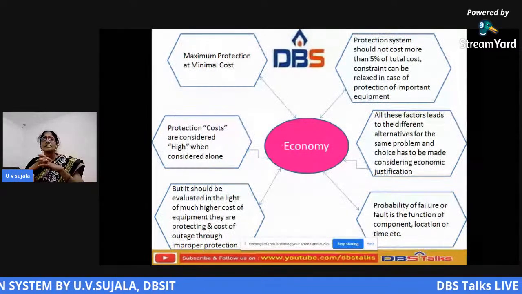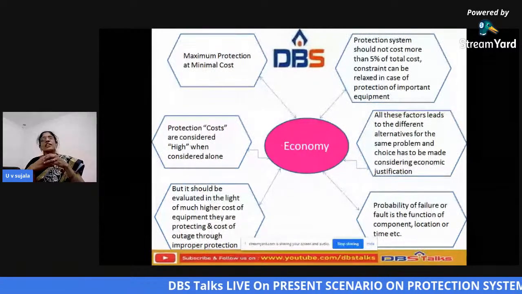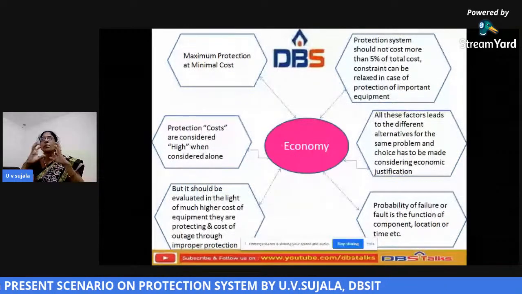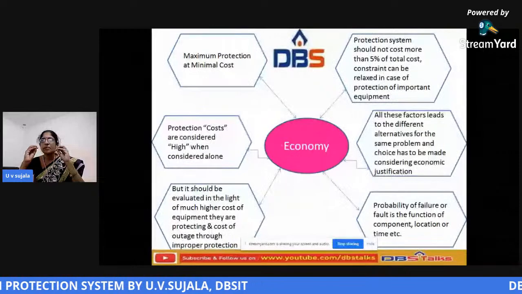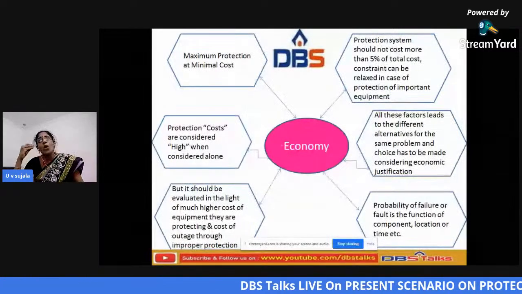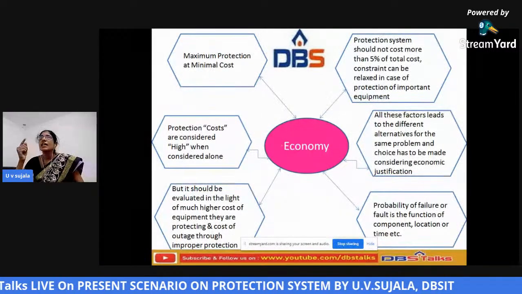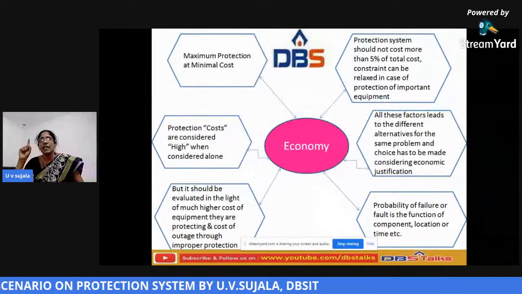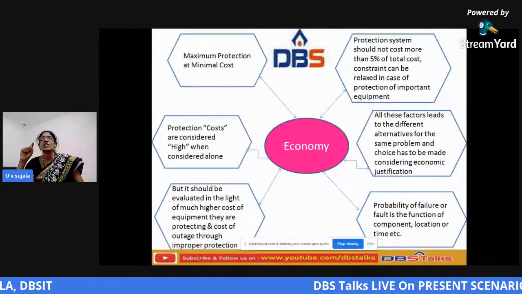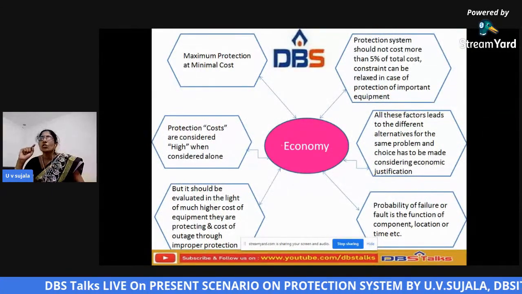So for much higher cost equipment, they are protected, and the cost of outage comes from improper protection. Here the protection system's economy is very important: it should not be more than 5% of the total cost.